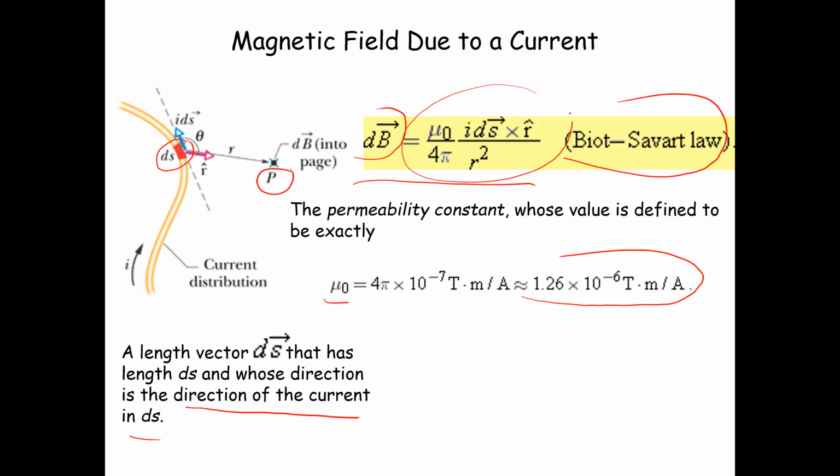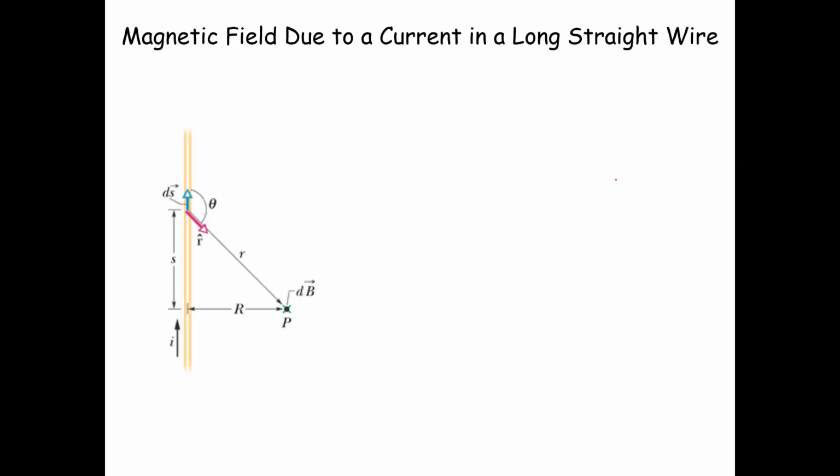So the magnetic field at P is this one. If we know mu 0, which is a constant, and we know the current, and we know ds and also r, the distance between P and ds, we can calculate the small piece, or the fraction, of the magnetic field at P. This is the magnetic field due to a current in a long straight wire.